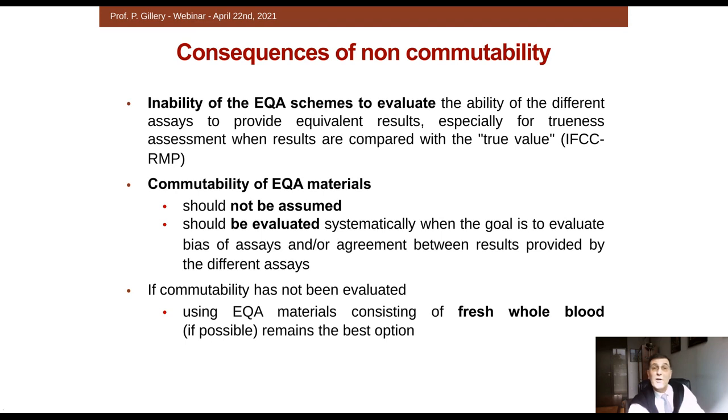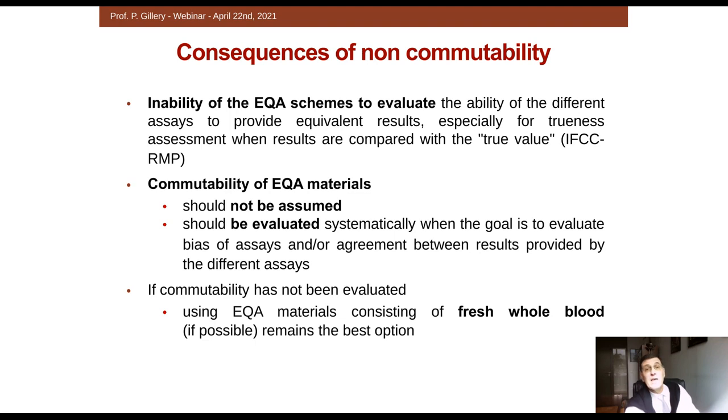Thus, the consequences of non-commutability are the inability of EQA schemes to evaluate the ability of the different assays to provide equivalent results. And in all cases, commutability of EQA materials should not be assumed.